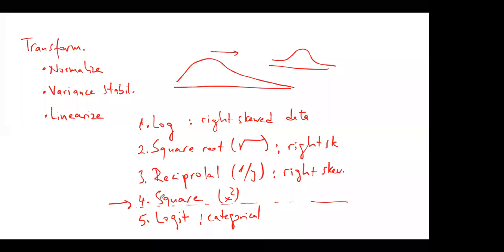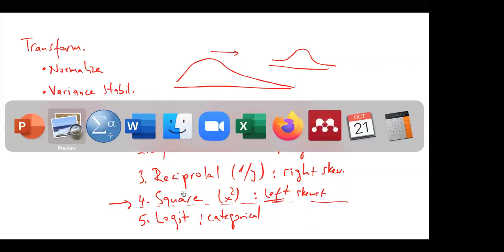So only this square transformation is useful for left skewed data. Why left skewed? Because it is increasing the numbers, making them larger.